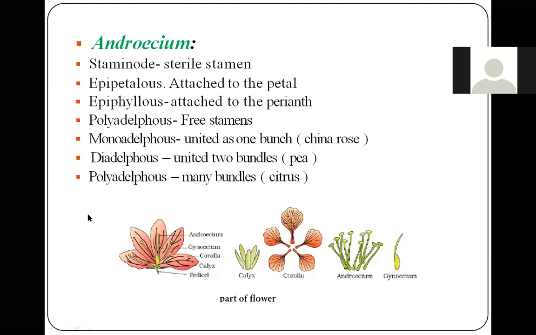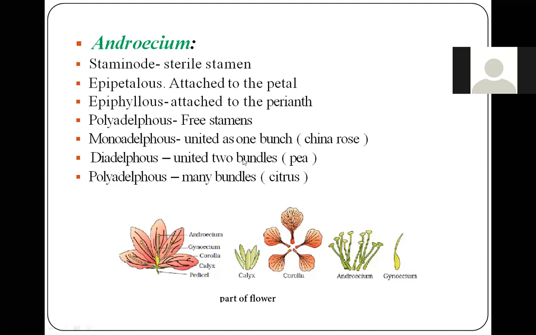When we are talking about monoadelphous, that means only one single type is present, and for this reason all the stamens are united, or fused with each other, to form a bunch-like structure. As it is forming a bunch-like structure, they are said to be monoadelphous.